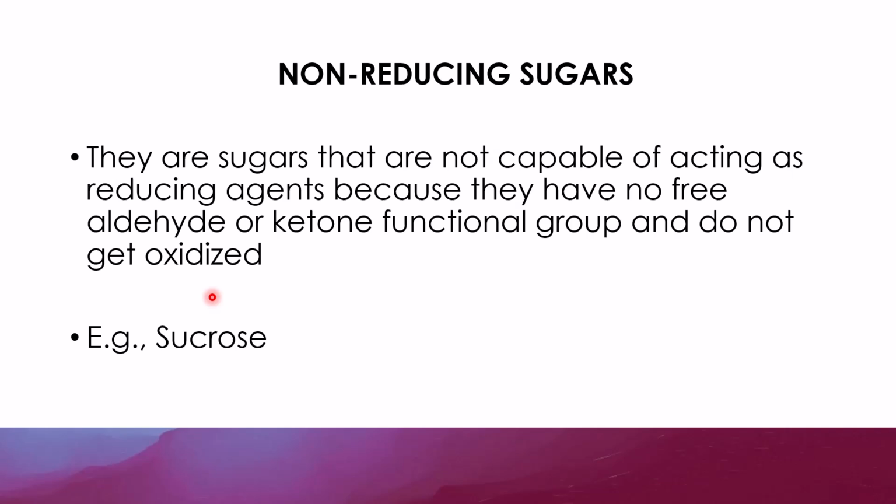Non-reducing sugars. Non-reducing sugars are sugars that are not capable of acting as reducing agents because they have no free aldehyde or ketone functional groups and do not get oxidized. An example is sucrose.